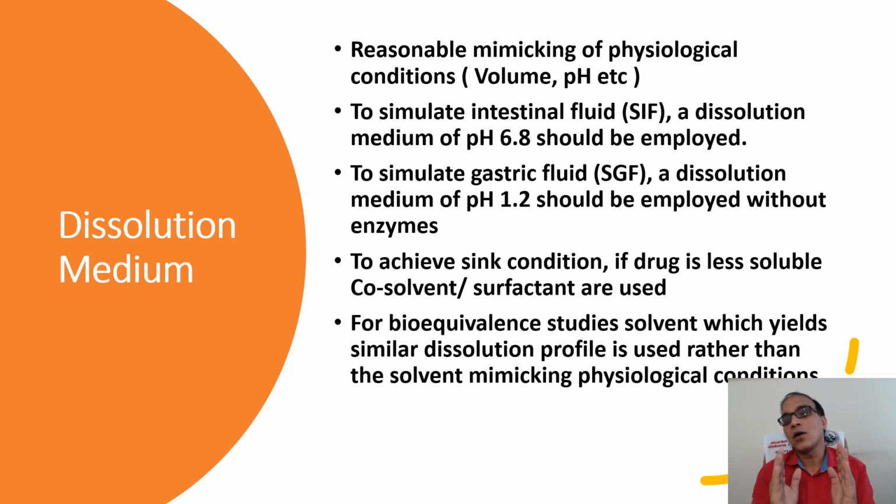So this is the bioequivalence study. In a bioequivalence study, we don't go for a solvent mimicking the physiological condition. We just go for the media which can show the similar profile for the standard as well as your own copy drug which you are trying to develop. So remember this, and you must have a clear-cut idea in your mind.